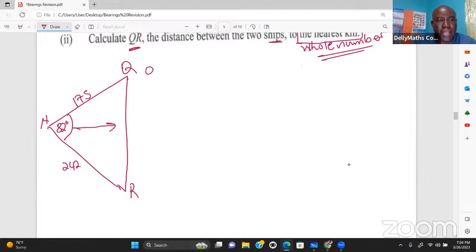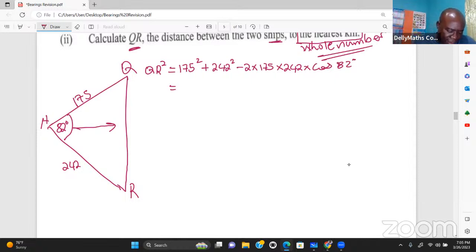So we start off by saying QR square is equal to 175 square plus 242 square minus 2 times 175 times 242 times the cos of the angle 82 degrees.